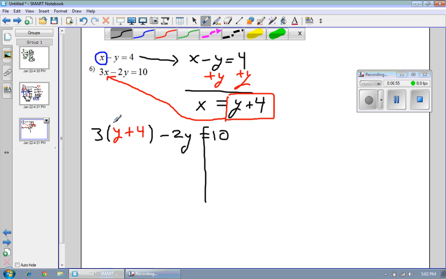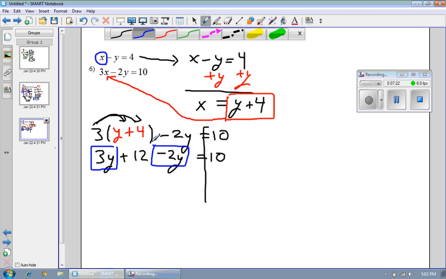Let's do some distribution here. Let's take this 3 and multiply it through our parentheses. We get 3y plus 12 minus 2y is equal to 10. We see a whole bunch of stuff over here on the left-hand side, but something always matches if there's more than two terms. 3y matches with negative 2y.